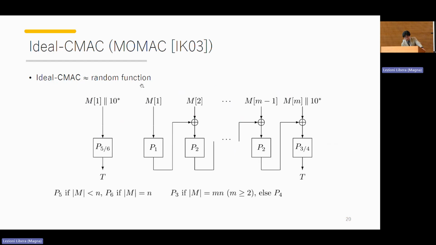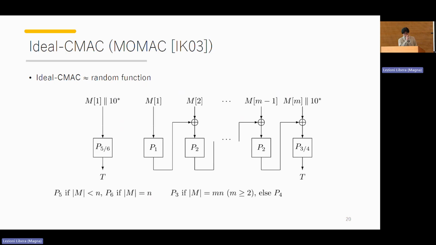The ideal CMAC is defined in this way. It uses 6 independent random permutations. The very short message is padded and encrypted with P5. If it's n bits, then we use P6. If it is longer than this, then we use P1 for the very first one, P2 in the middle, and P3 or P4 for the last block.